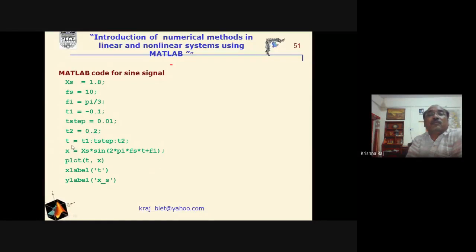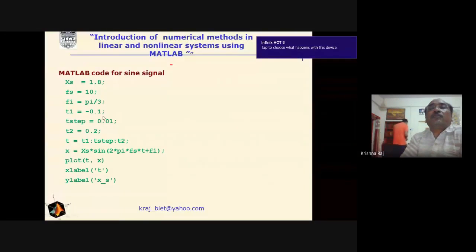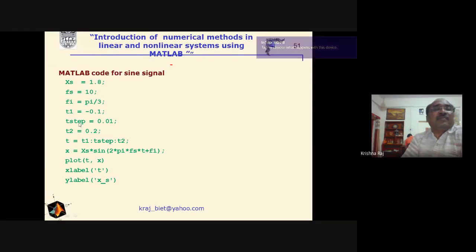The t vector will be described from the initial time to the final time. So here we use the values of the amplitude and frequency, describe the time vector, and then write the equation.